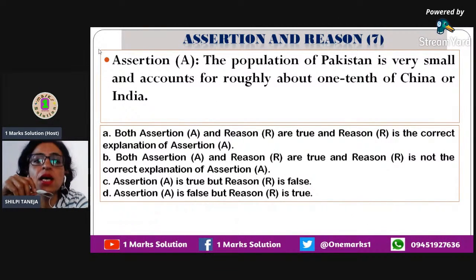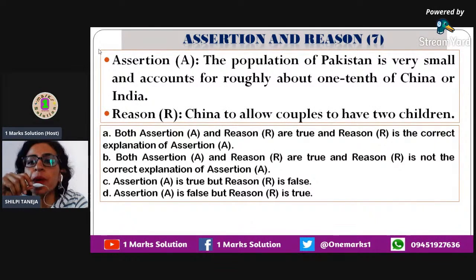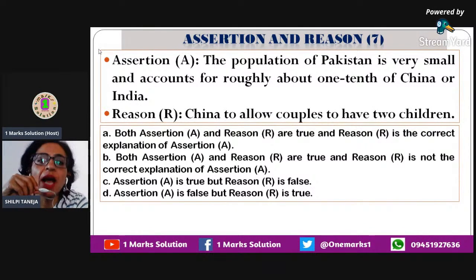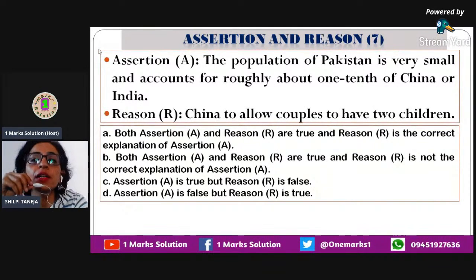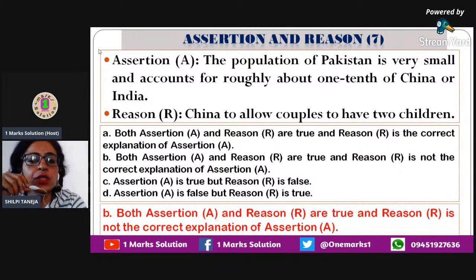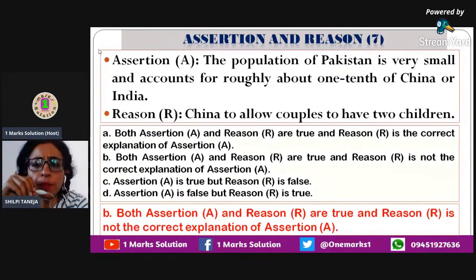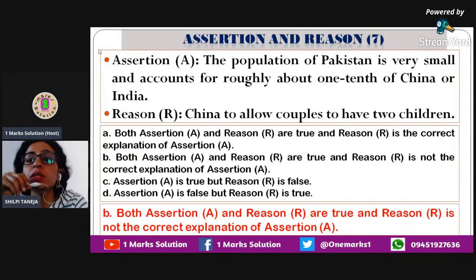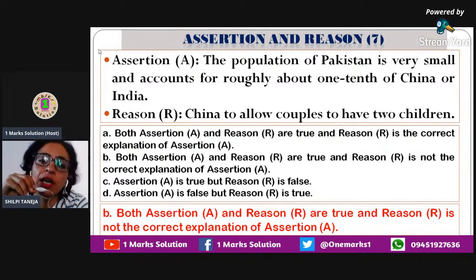Next question says assertion, population of Pakistan is very small and accounts for roughly about 1/10 of China or India, which is true. Reason says China to allow couples to have 2 children. Now the one child policy which was adopted by China has been removed. Now they are allowing couples to have more than one child.